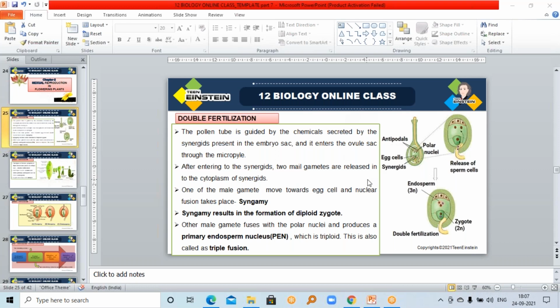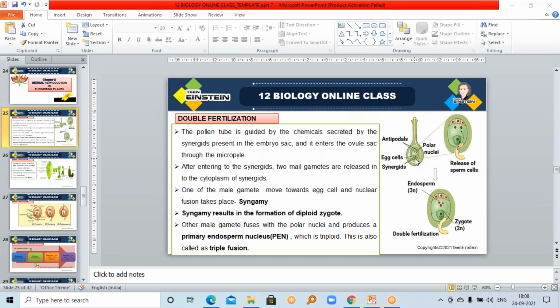That's why the integuments are leaving a gap. The entering region is called the micropylar region. The integument is not covering completely; it is leaving a gap for the pollen tube entry. Through that micropylar region, the germinated pollen grain releases its contents to the pollen tube, and that pollen tube enters the ovary.